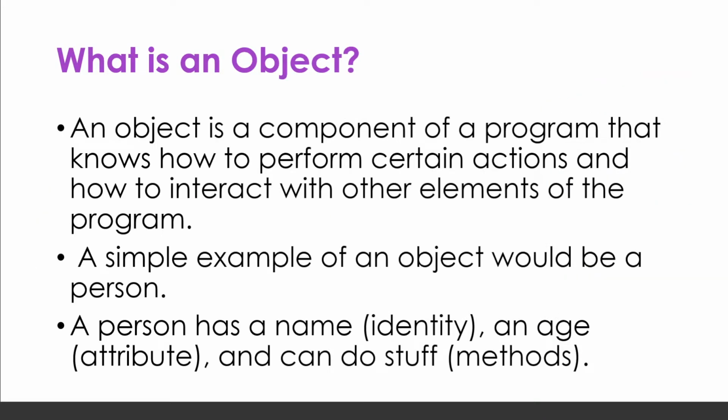Right? So, what is an object? An object is a component of a program that knows how to perform certain actions and how to interact with other elements of a program. Now, that's sort of a bad definition, right?